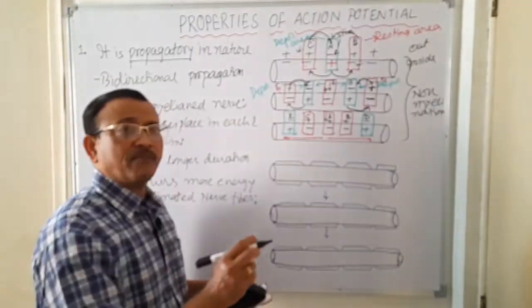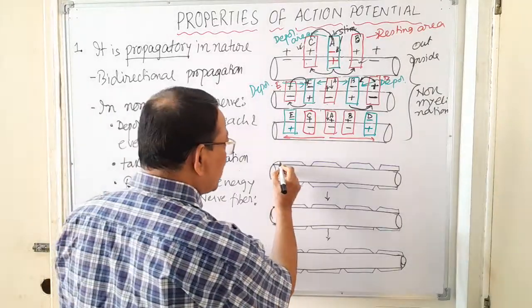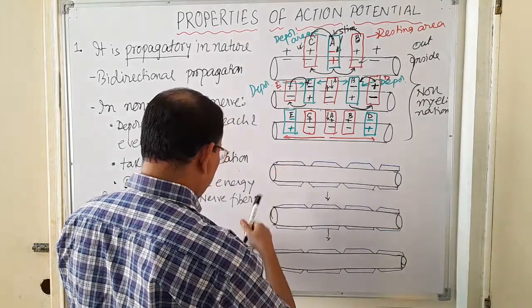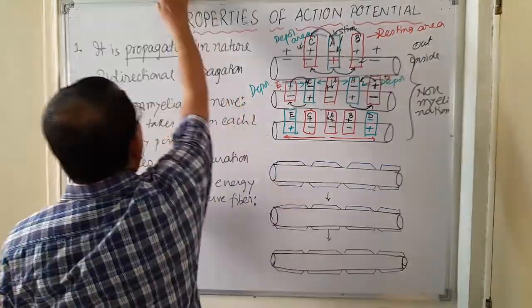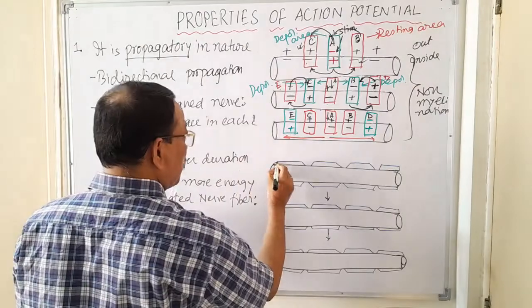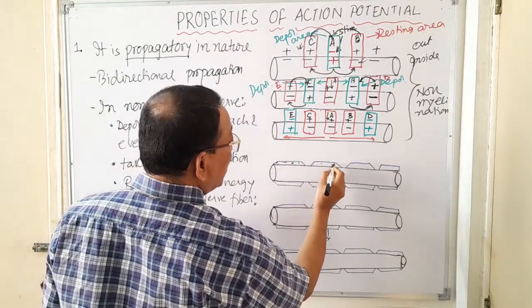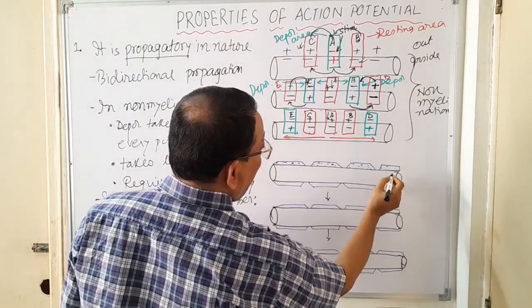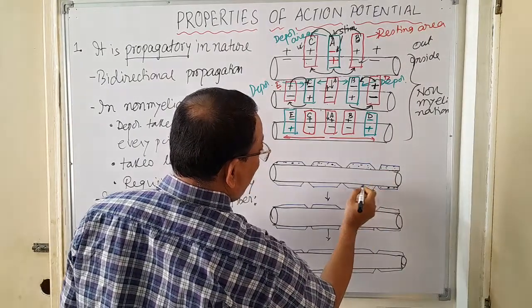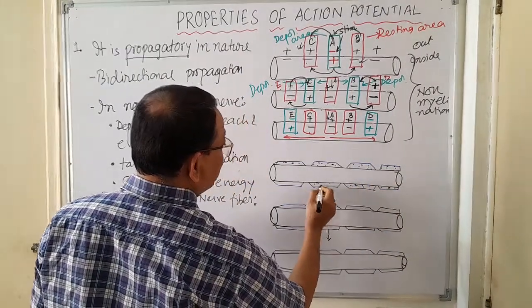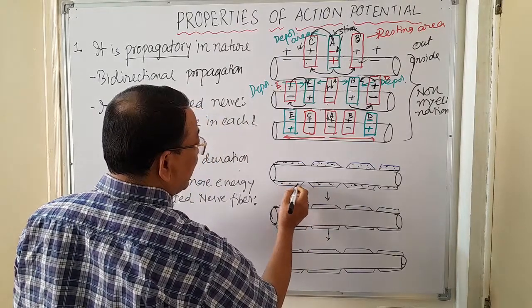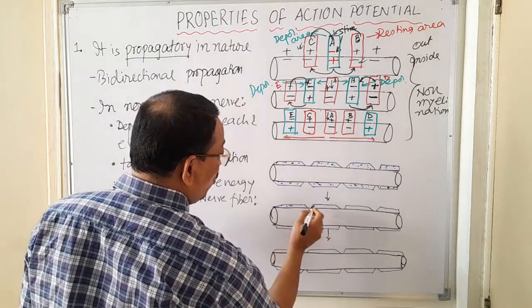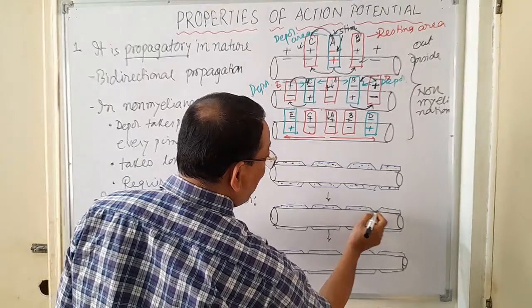Myelinated nerve fiber means there is a myelin sheath. This is the myelin sheath, which is insoluble, through which the ions cannot pass. This acts as a lipid membrane, an insulator, through which the ions cannot pass through.